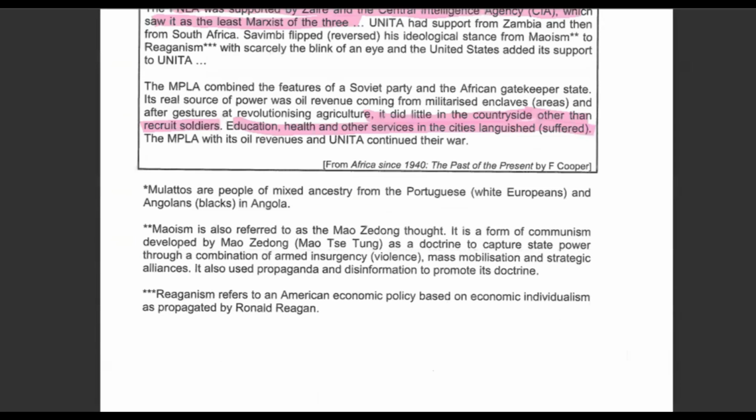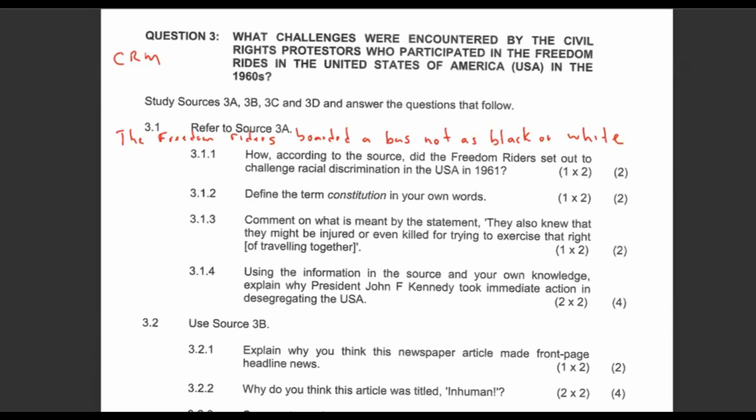They did so as a method of protest, not as black and white, but as free citizens.